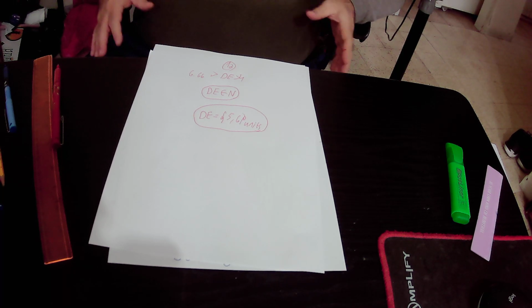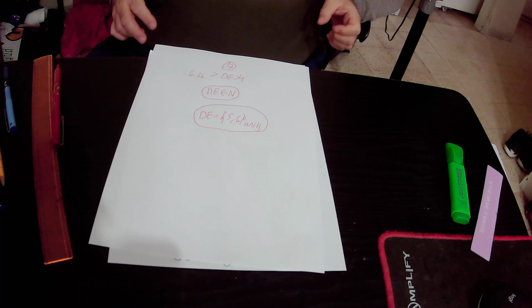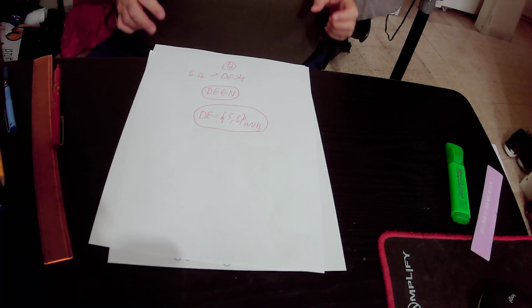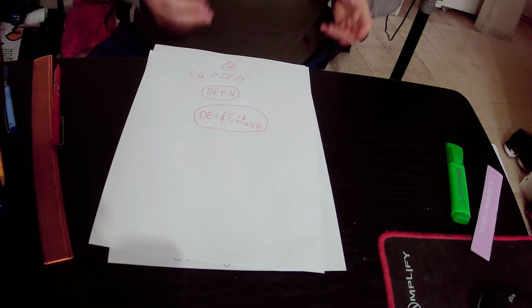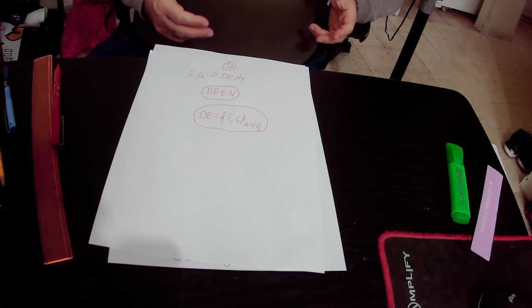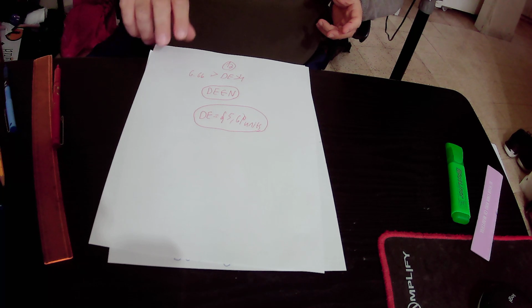So which natural numbers are bigger than 4 and smaller than 6.66? The only two natural numbers that satisfy these requirements are 5 and 6. So we found out that the size of DE is either 5 units or 6 units.